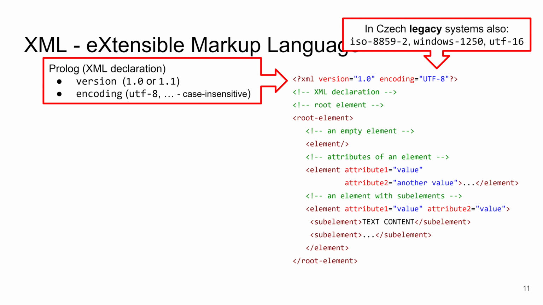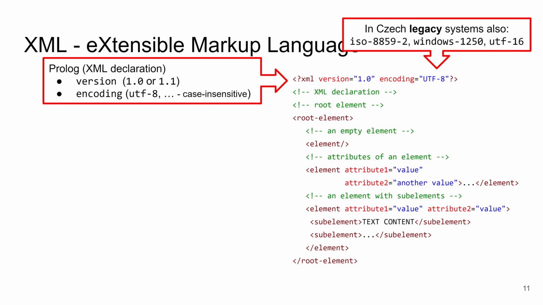And then the encoding. Nowadays, you should only see UTF-8 there. However, and especially in the Czech context, in legacy systems, you might come across ISO 8859-2 and Windows 1250, and sometimes even UTF-16.